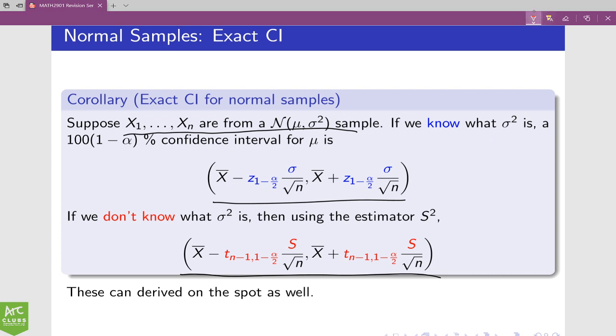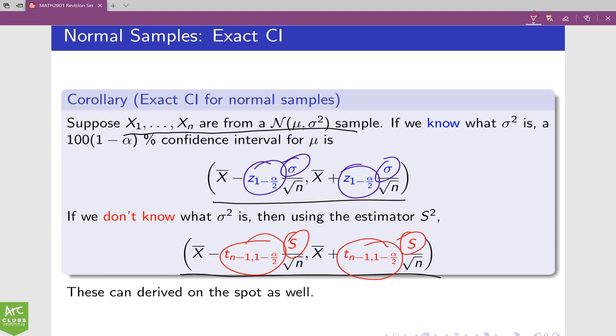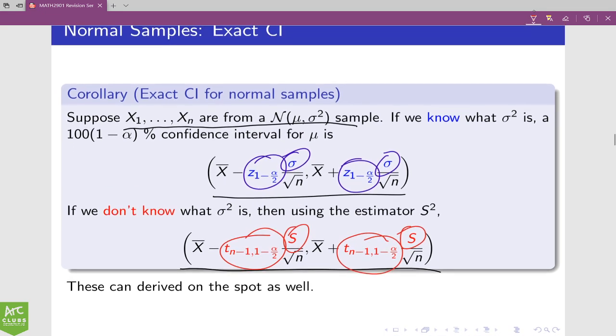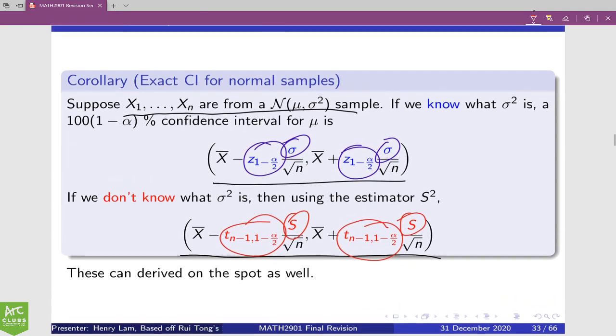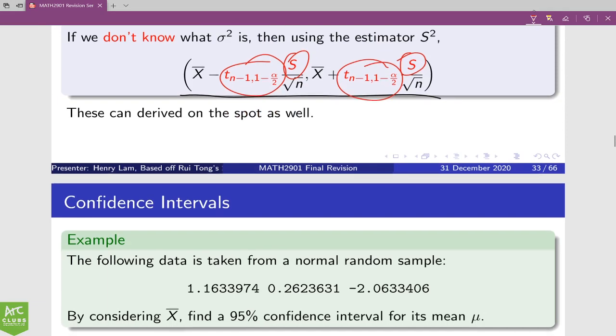If you do know the variance, which is this blue situation, you use the normal distribution, and you just use the actual value. If you don't know it, you use the t distribution, and you sub in your sample variance. So they're basically identical. You just replace things with whatever. Don't know, you replace it with the t distribution, and you use the sample variance. And these can be derived on the spot. The derivation isn't too bad. I'll show that later. It pops up later.